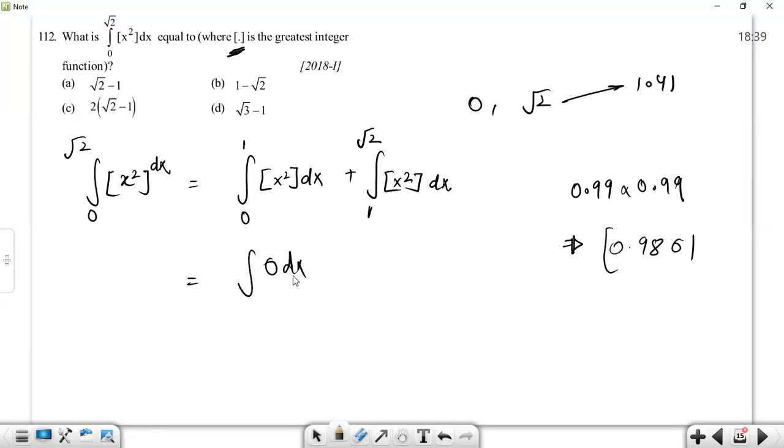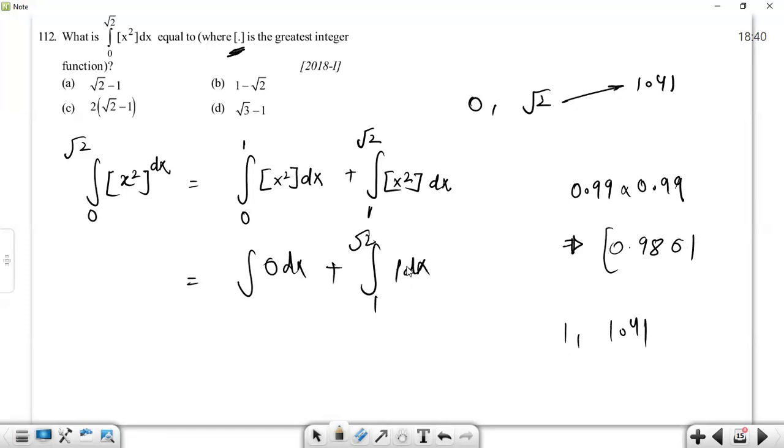Integration of 0 dx from 0 to 1, plus for all values from 1 to 1.41, their value will always be 1 here. So integral of 1 dx from 1 to root 2.